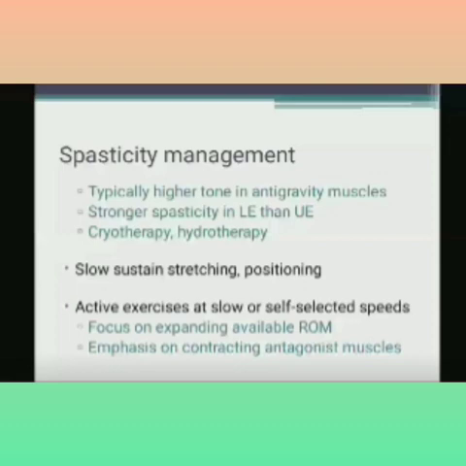If the biceps has spasticity and you do a proper movement for the triceps, when you contract it, obviously it will give a reciprocal inhibition to the biceps. That's how you decrease the spasticity.